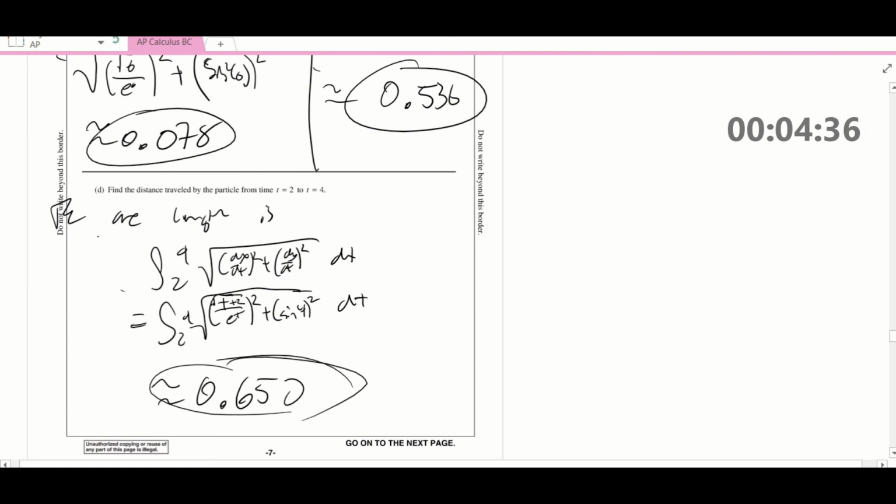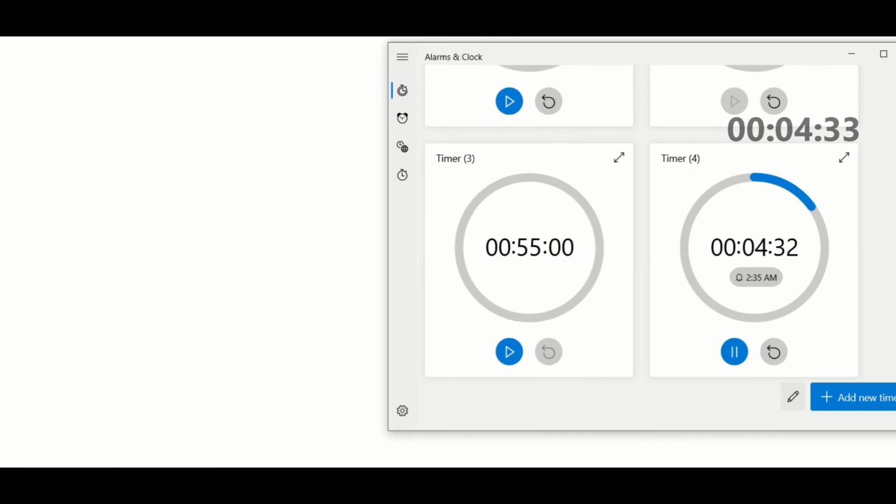That's how the time's going, and that is not my clock. We have approximately 5 minutes left.